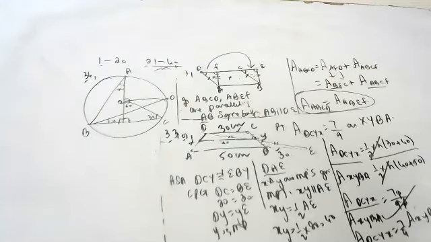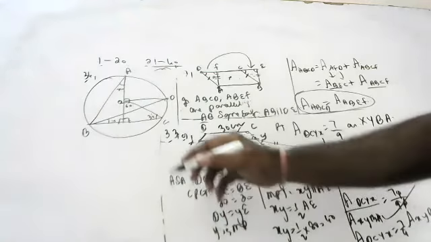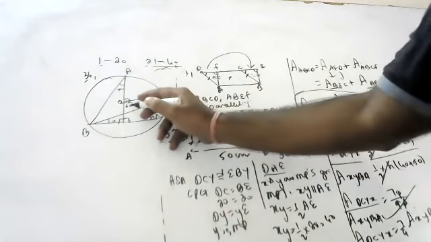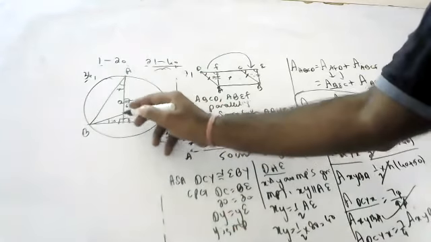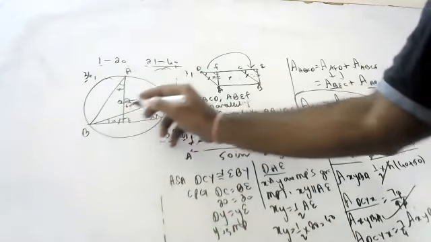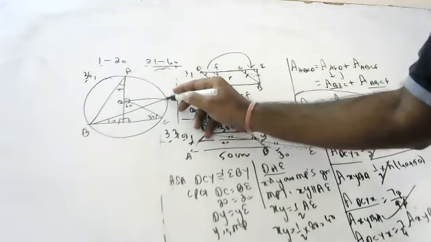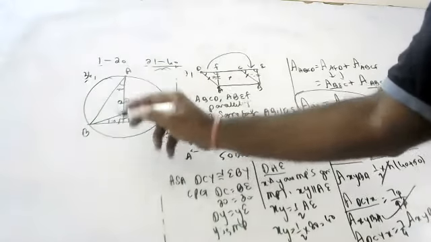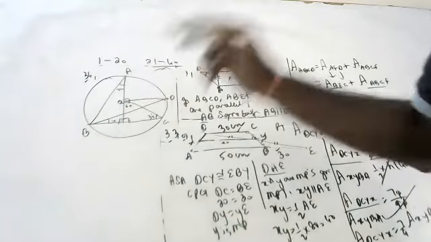So next, what shall we do, children? This is 60, this is 30, this is 90, this is also 90. So there is a triangle here. This is x, this is 90.